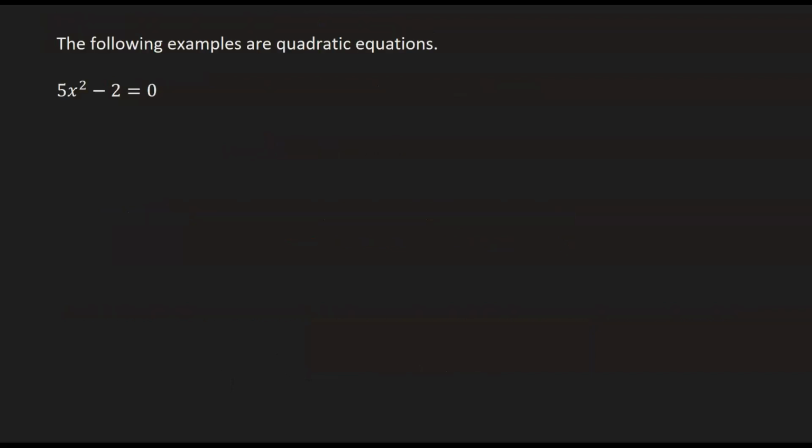So the following are examples of quadratic equations. Remember, the form is ax squared plus bx plus c. So we must have the highest power 2 on our variable.